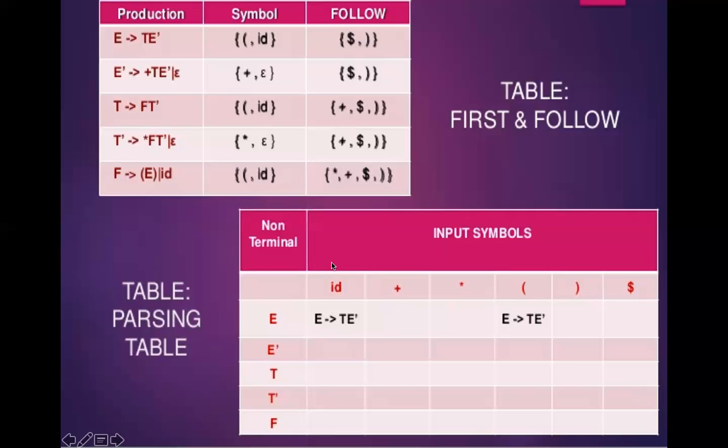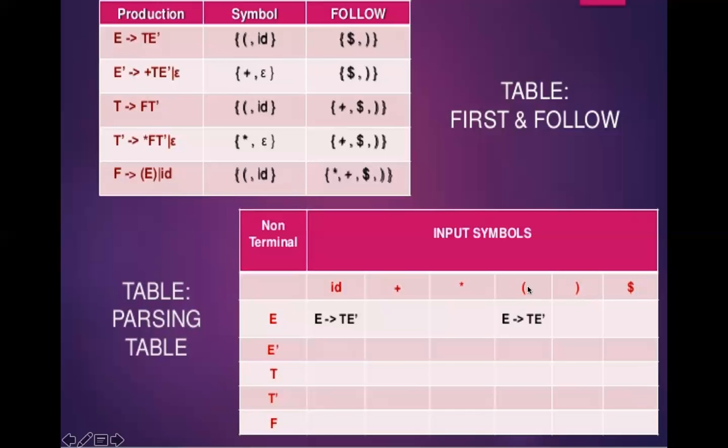First of all we need to check the first of E. What is the first of E? First of E is equal to open bracket and id. So here there is no epsilon, that means null operator is not here, so we need not worry about the follow. Only first we need to fill under the symbol of open bracket.